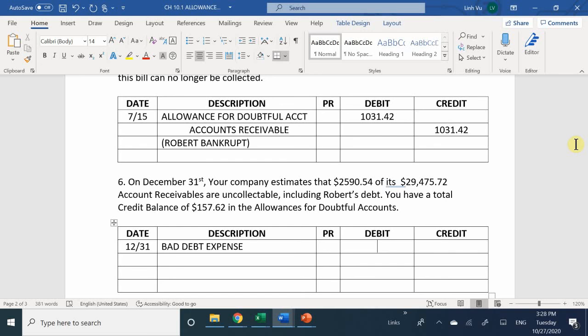Which one are we actually looking at this time? Is this the balance sheet? The balance sheet, right? Because what keyword do you recognize there? Accounts receivable.